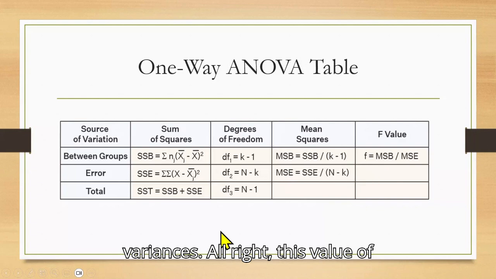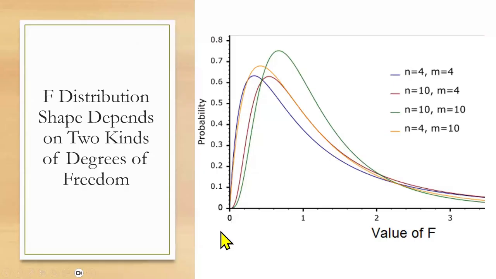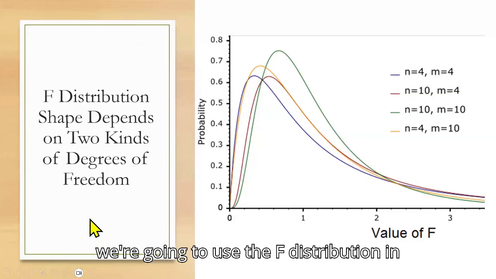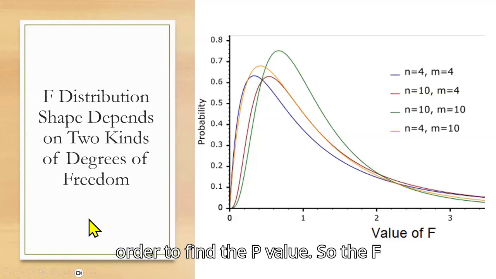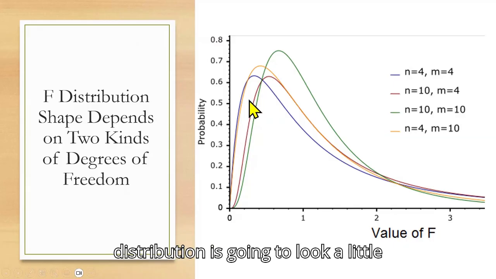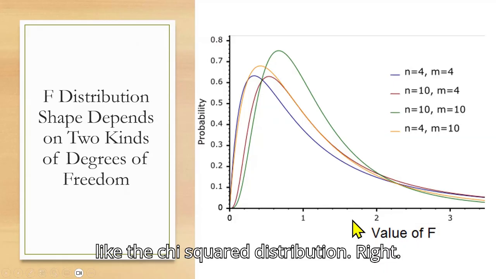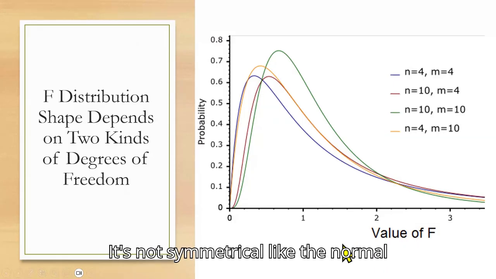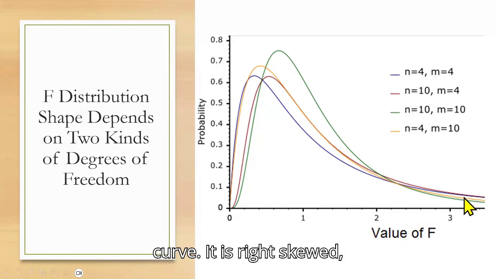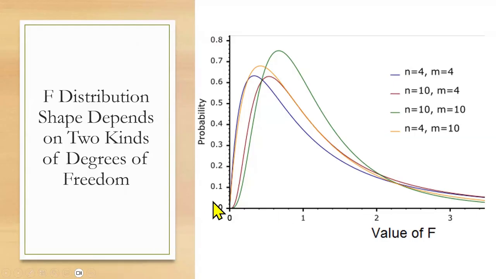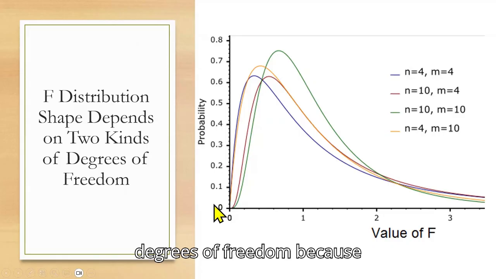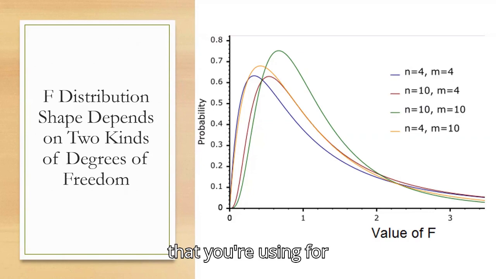All right, this value of F, once we've found it, we're going to use the F distribution in order to find the p-value. So the F distribution is going to look a little like the chi-square distribution, right? It's not symmetrical like the normal curve. It is right skewed, and it has degrees of freedom because it has two component parts that you're using for this ratio.